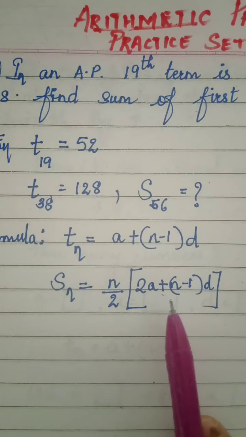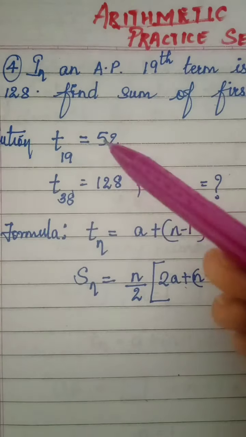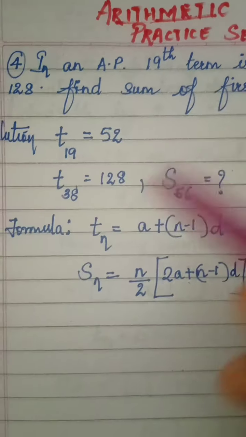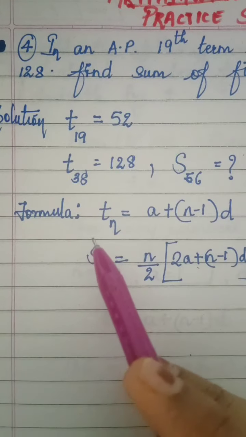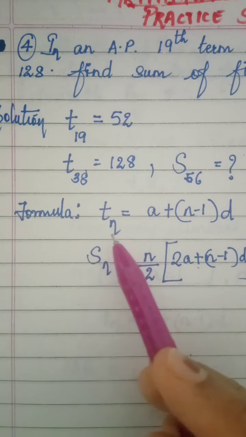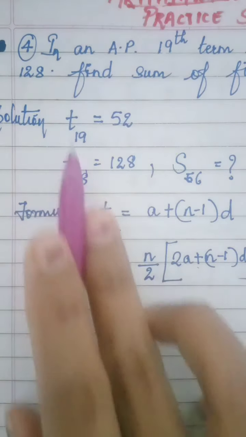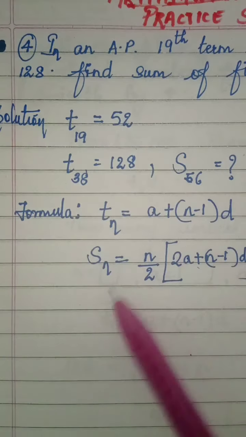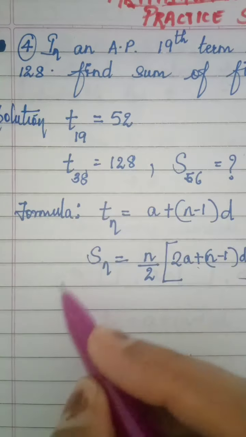But in the previous practice set, we know how to get the value of A and common difference from the term. So let me write down the formula for the term. So here first I will write this formula for 19th term. Then I will write the same formula for 38th term. So let's start.